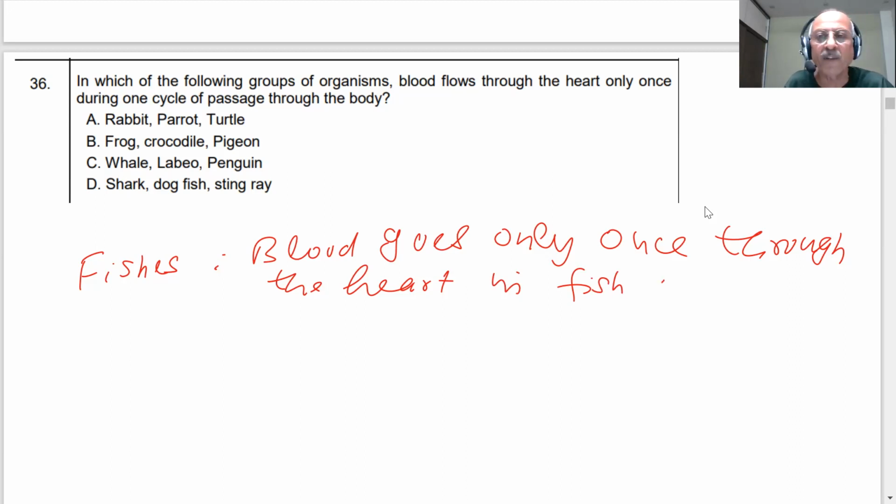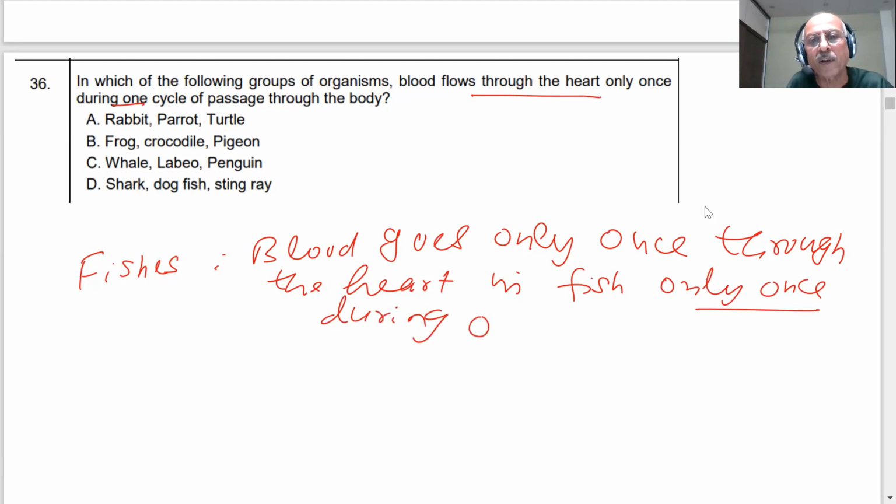What is important, student? Blood flows through the heart only once during one cycle. Is it clear?